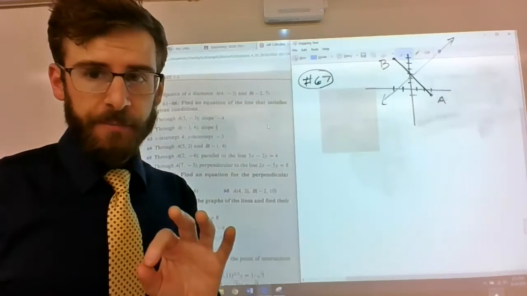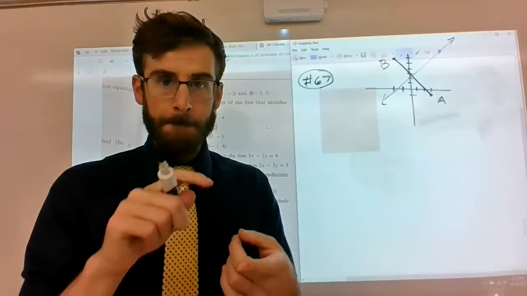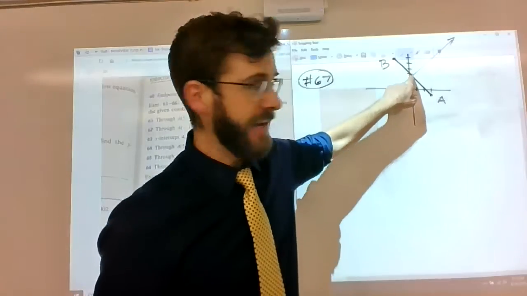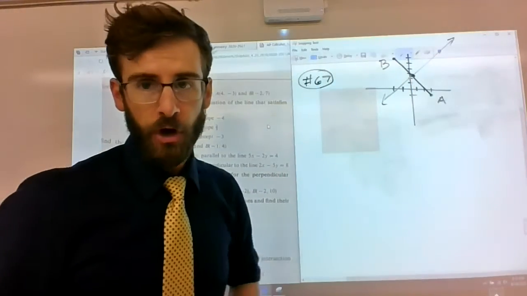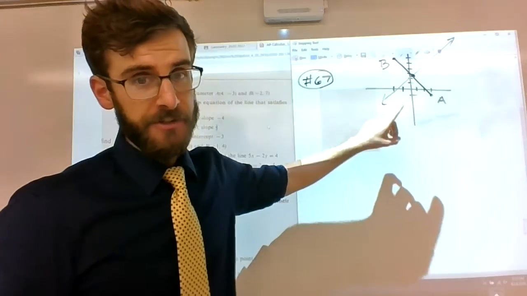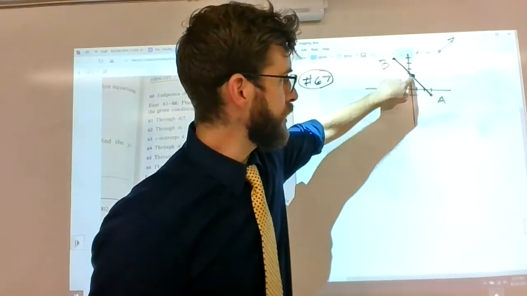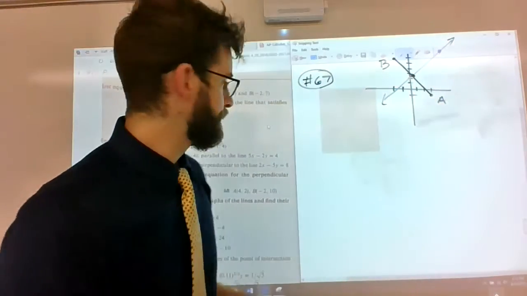So the first thing we need to be able to do is figure out what point that is where the line crosses, and then we need to know what the slope is of this perpendicular line. So the first thing is we can find the middle point of that segment by using the midpoint formula.